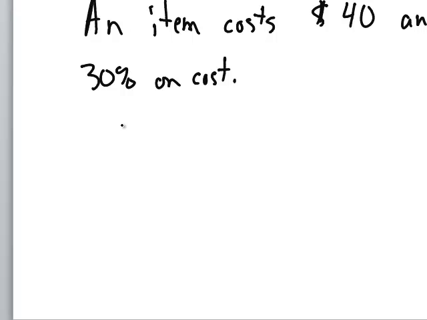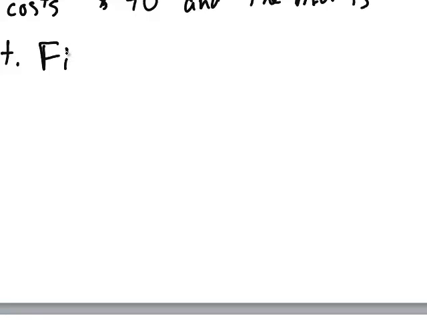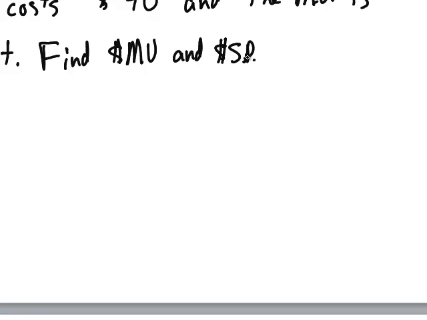Quite often we just say 30% on cost or 30% of cost. Basically what we're saying is 30% based on the cost. Find the dollar markup and the selling price, the dollar selling price.